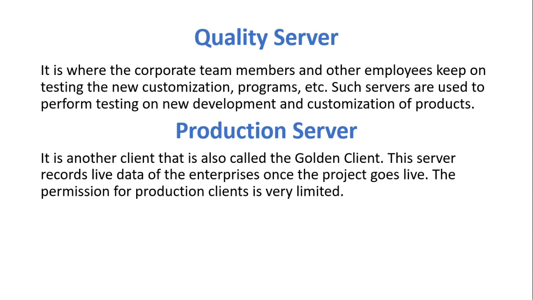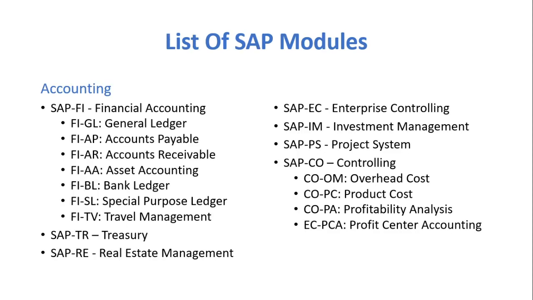Then the list of SAP modules which we have in SAP. Here, if we see the screen, for financial accounting there will be general ledger, accounts payable, accounts receivable, asset accounting, bank ledger, special purpose ledger, travel management, and like that so many will be there.